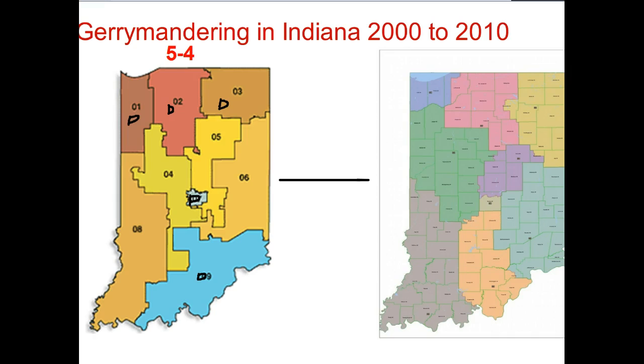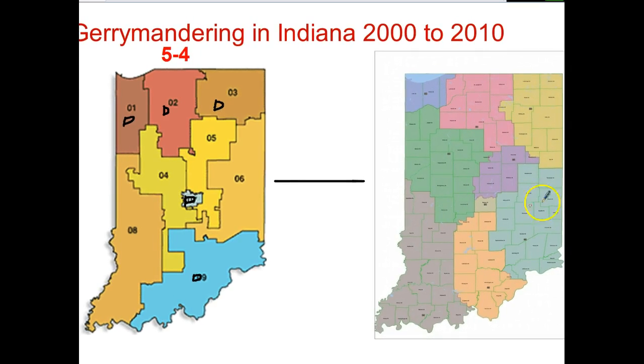So what happens if we look at Indiana in 2010? What we see is the Republicans redrew these lines for their own benefit. If you look at District 1, Democrats tend to live in big cities, and Gary's up here.